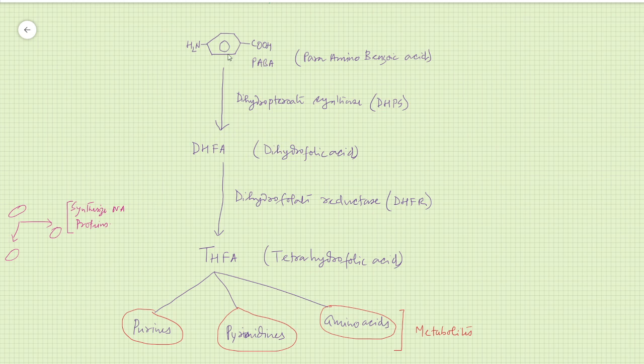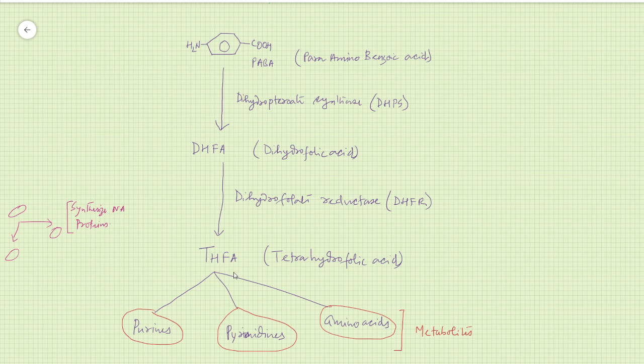But think about it. If this pathway is the same in humans, when we give sulfa drugs, it should also interfere with our synthesis of purines, pyrimidines, and amino acids. So then it wouldn't be a good drug, would it? Because when we say an antibiotic drug against bacteria, it should kill only that bacteria.